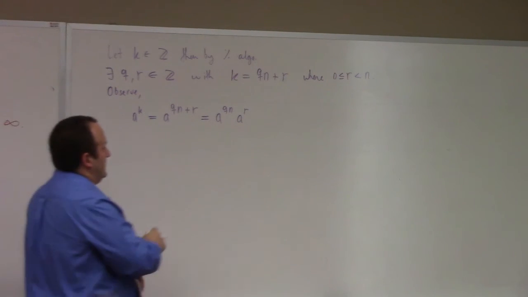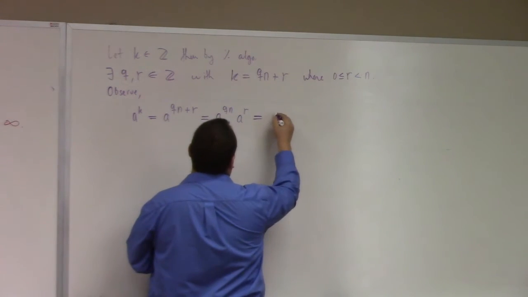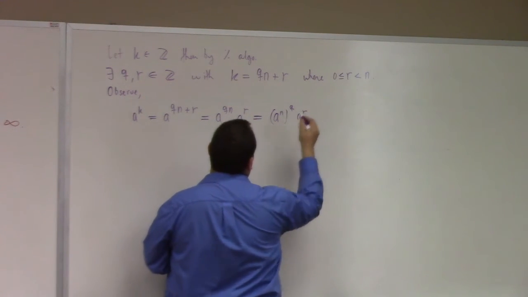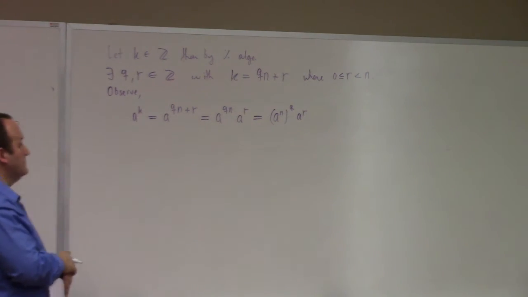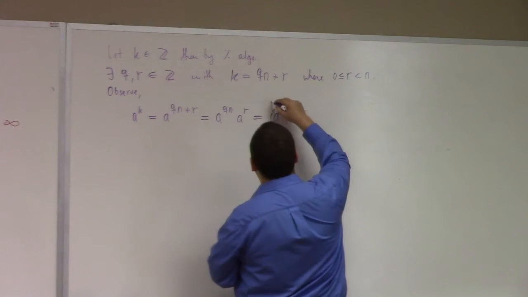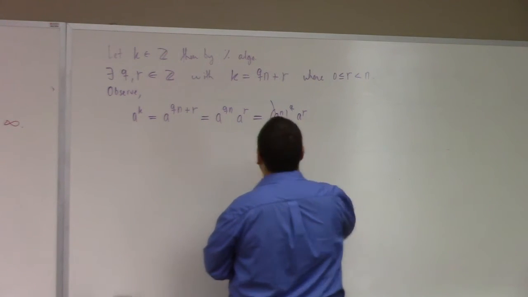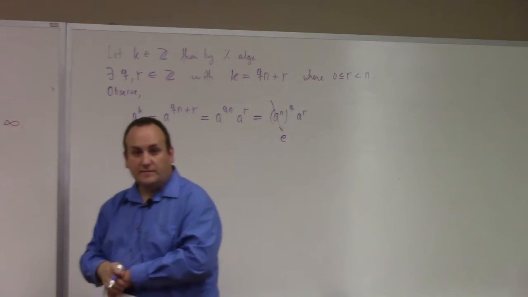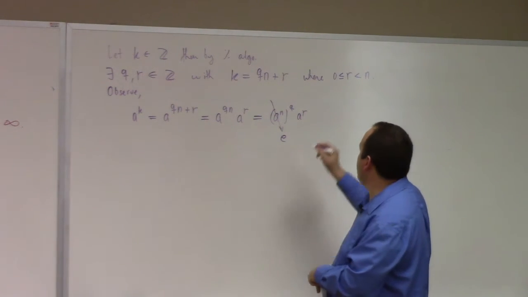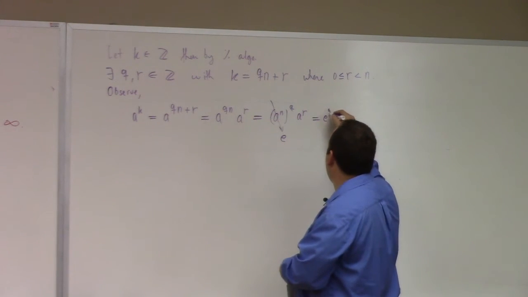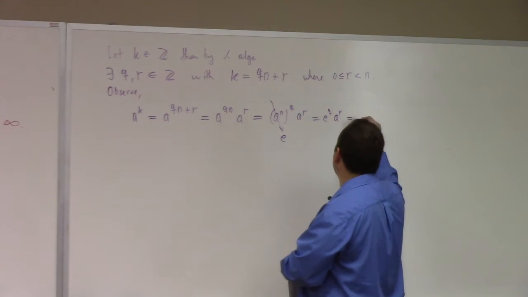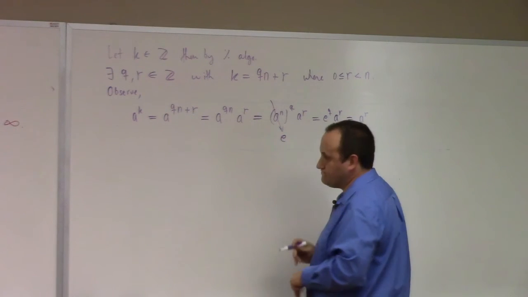So you can rearrange that as what? a to the n, to the q, times a to the r, right? But what's a to the n equal to? By assumption, this is e, right? Because we said the order of a was n. So a to the n is e. And so e to the q times a to the r. But of course, e to the q is just e again, right? So this is just a to the r.